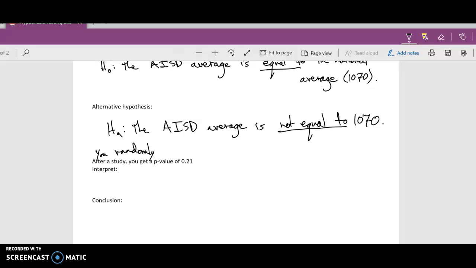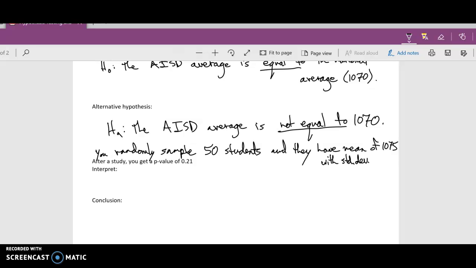Let's suppose that you randomly sample 50 students and they have a mean of 1075 with standard deviation of 20. After study, you get a p-value.